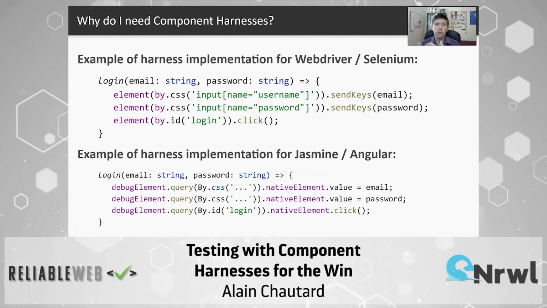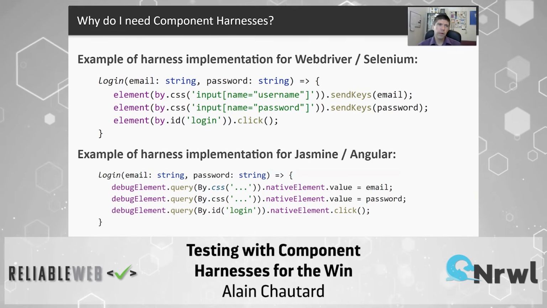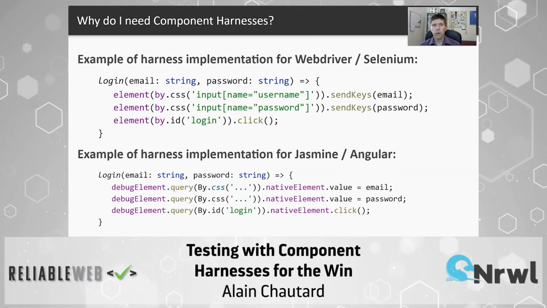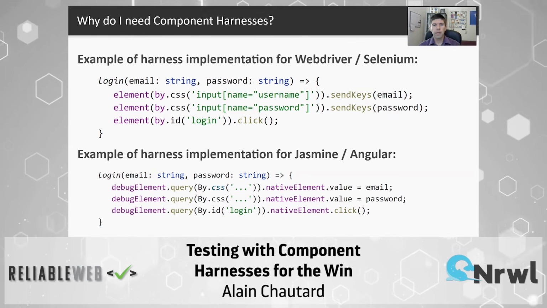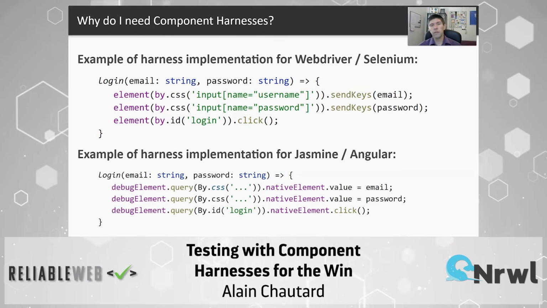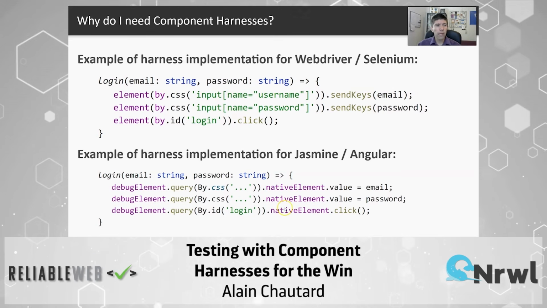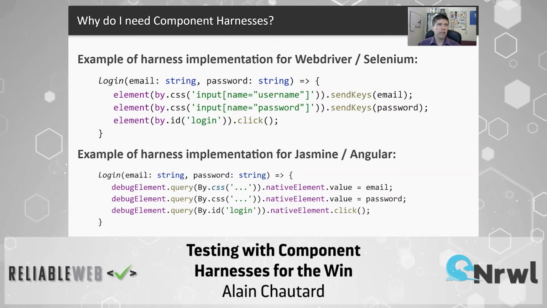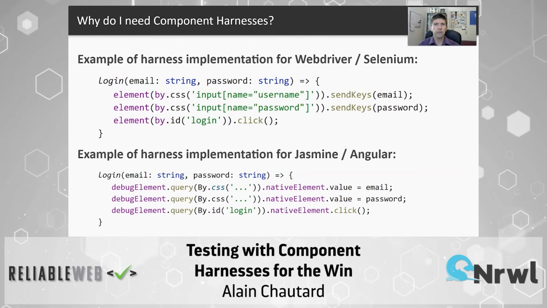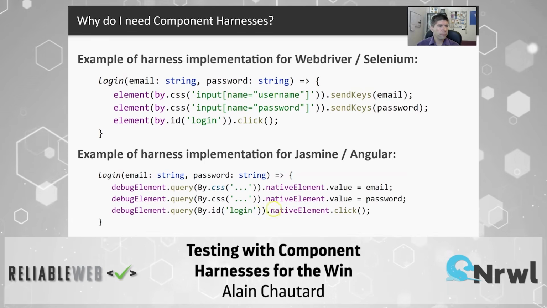If it's a test that's going to run in the browser with Cypress, you can have a Cypress implementation. If it's a unit test that's going to run with Jest or Jasmine, then you would write the implementation of that interface for that specific use case. But the API remains the same, which is really nice because you don't have to reinvent the wheel for every single type of test that you are writing.